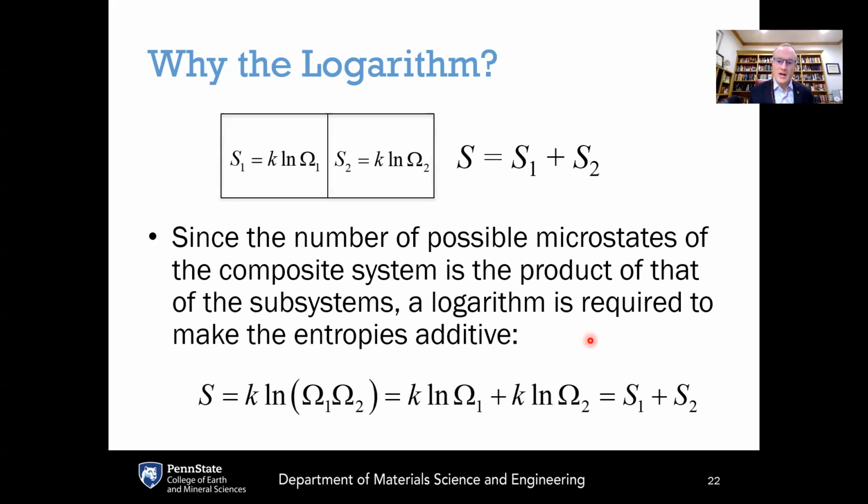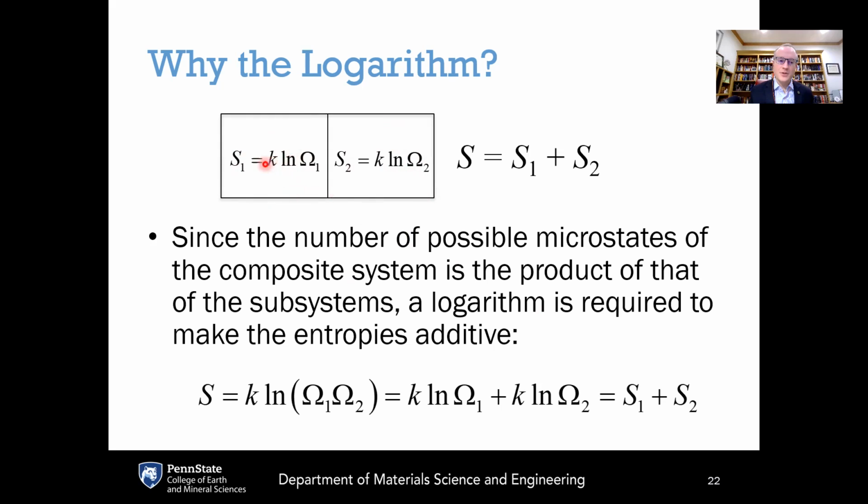Since the number of possible microstates of the composite system is the product of that of the subsystems, the logarithm is required to make those entropies additive. In other words, if there are omega-1 possible microstates on the left and omega-2 possible microstates on the right, the total number of possible microstates of the composite system is not the sum of the two, it's the product of the two.